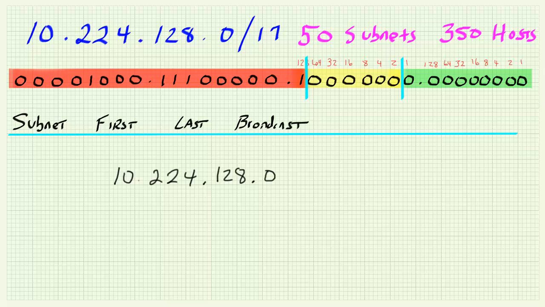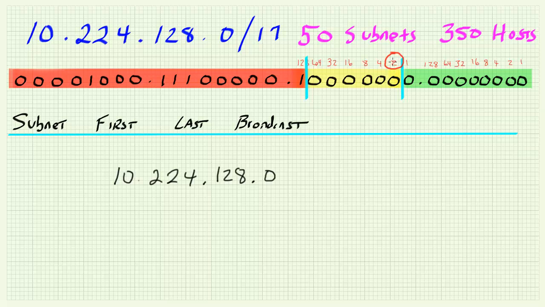Do you recall, in our previous discussions, we referred to this as the magic number because this is the increment. The magic number, or the subnet increment, is always going to be the bit weight of the position of the least significant subnet bit, which in this case is this guy right here, and he has a bit weight of 2, so that means that our subnet values are going to increment by 2.